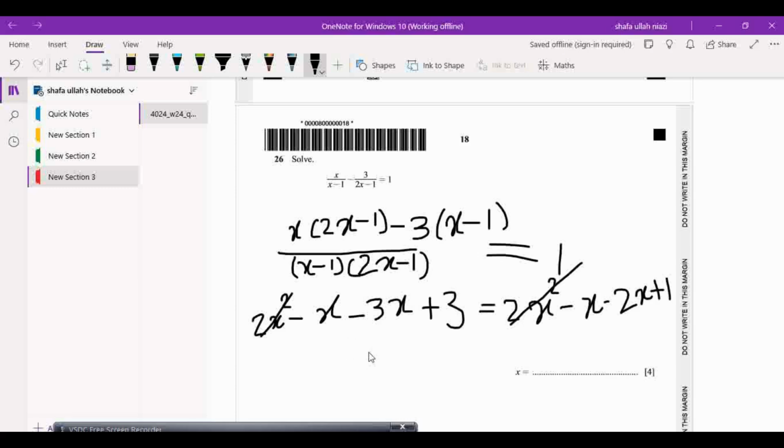This is minus 4x plus 3, because minus x minus 3x is minus 4x, plus 3 equal to minus x minus 2x is minus 3x. So this is minus 3x plus 1.